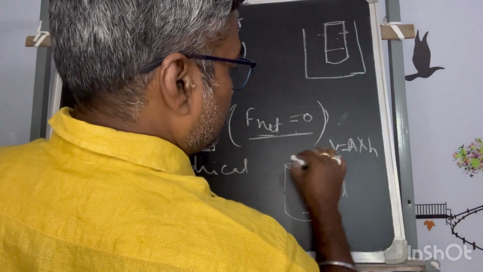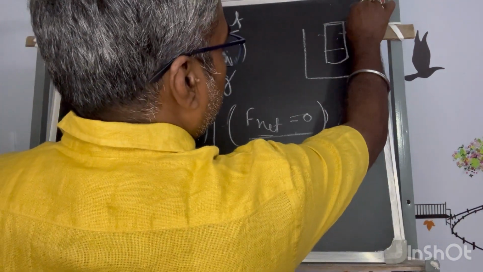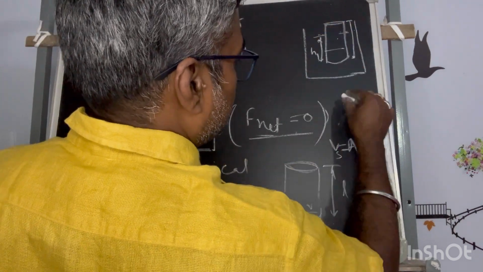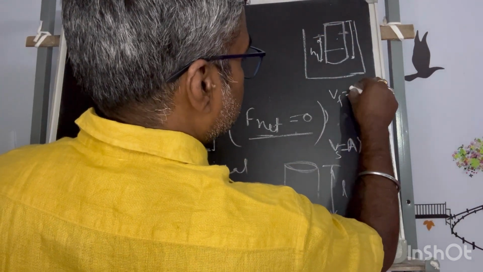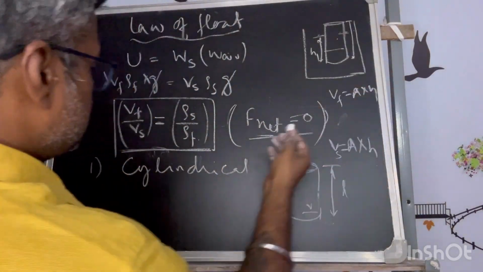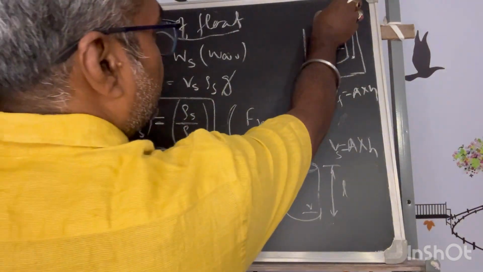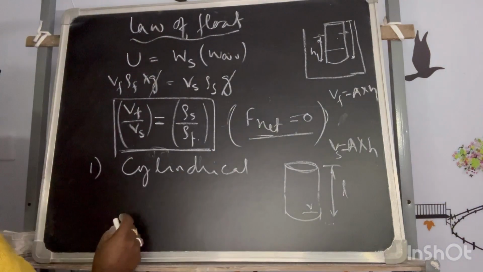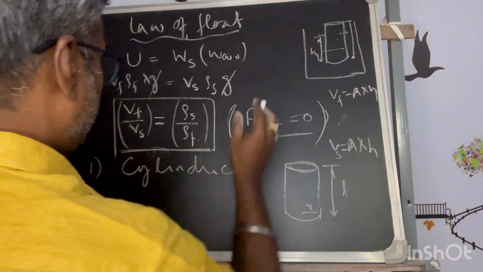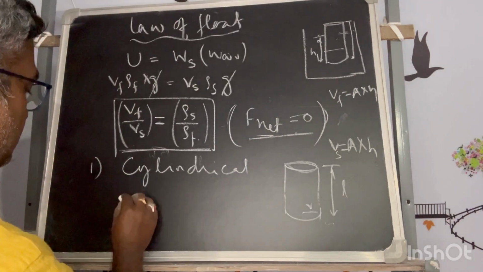The volume of the solid is cross section into the total height, and if the liquid displaced height is, let's say, h1, then the volume of the fluid is equal to the cross section into h1. This is a specific condition where it is completely vertically dipped and in equilibrium, it is straight, not roaming here and there.